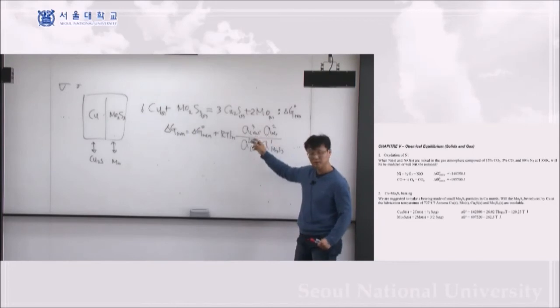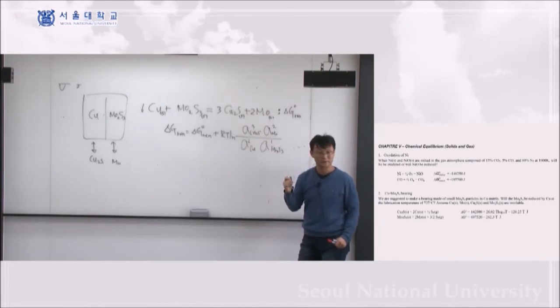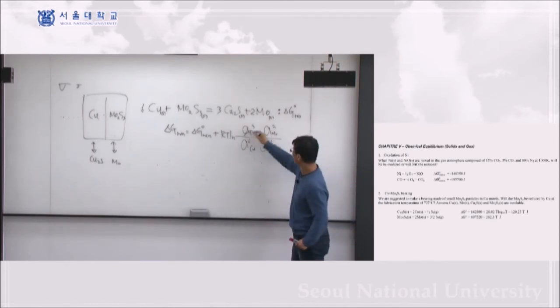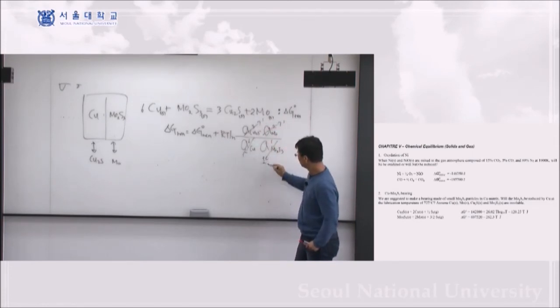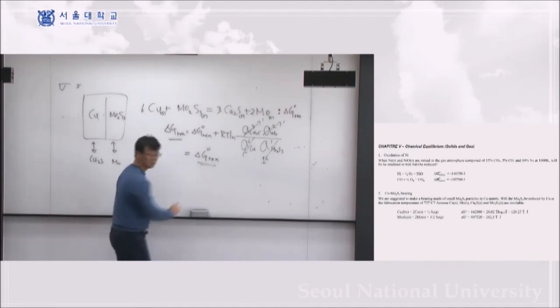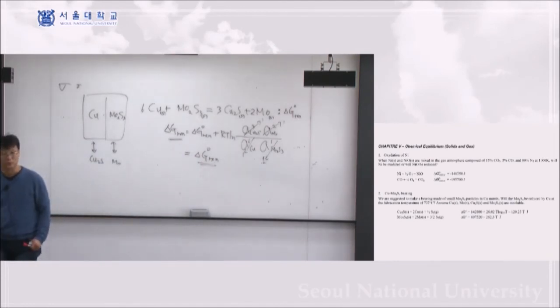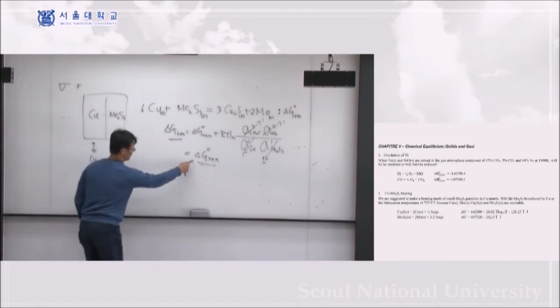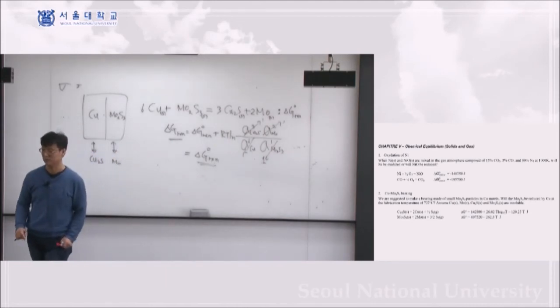And all of these activities, in this case, equal 1, because all of these are pure solid stoichiometric phases. There's no solution phase, so all of them are 1, 1, 1, 1. In this condition, this one is the same. So in order to calculate whether this is going forward or backward, basically the only information we need is this one, delta G naught of reaction.